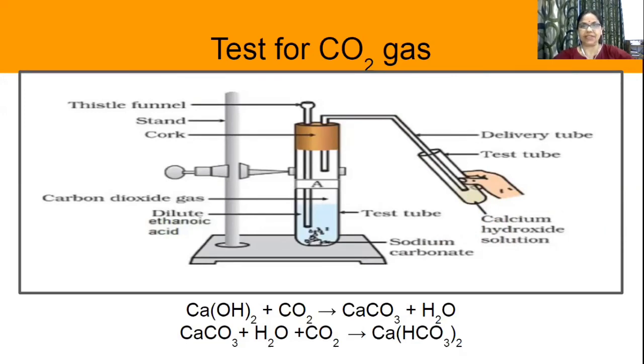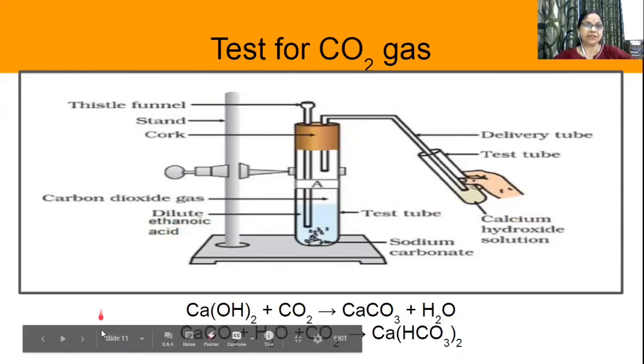You can see the second reaction at the bottom: calcium carbonate plus water plus carbon dioxide react to form calcium bicarbonate, which is a soluble substance. So the milkiness disappears in the test tube.